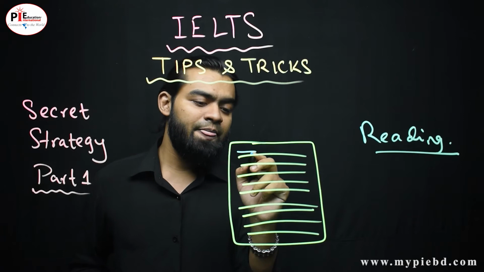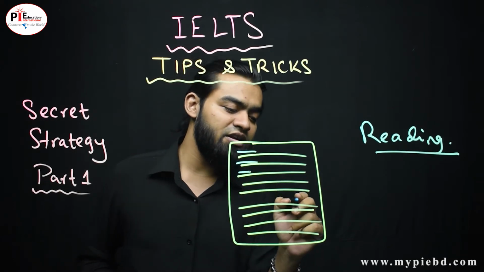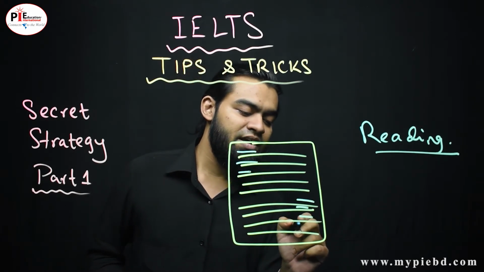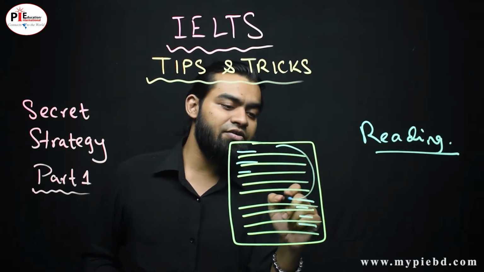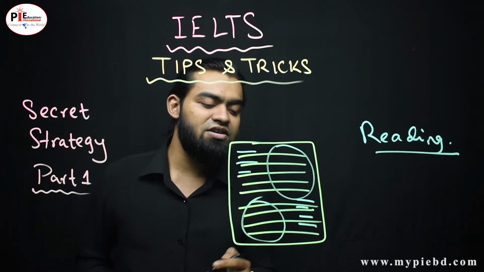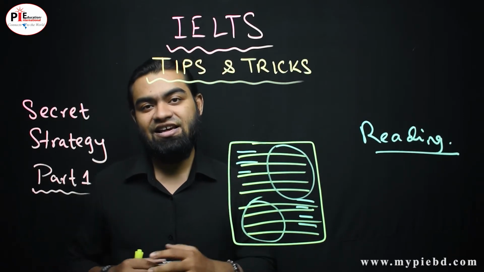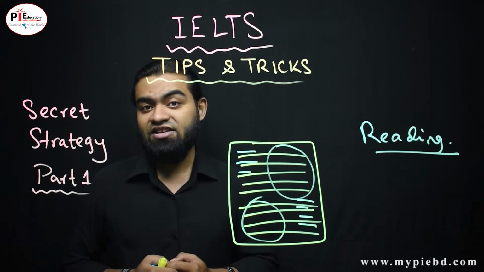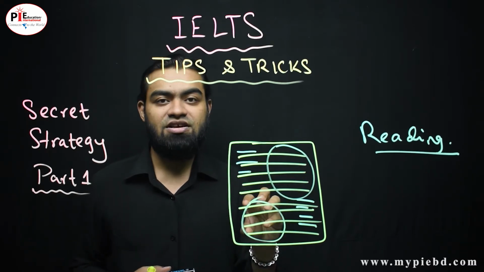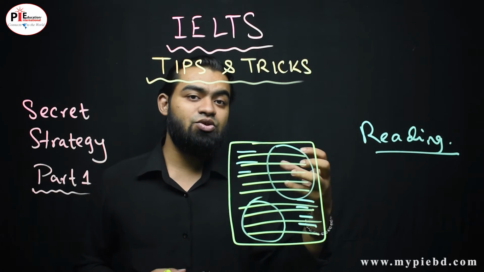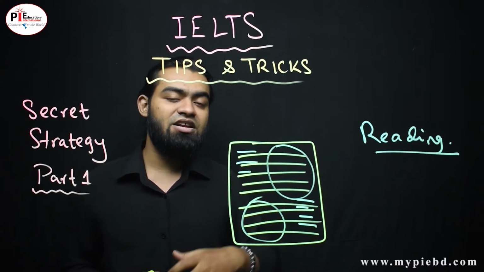So for example, your answers might probably be in these areas. And then all of these areas do not even contain any answers. So if you are wasting your time reading these portions, then that time is going to be taken away from your time management plan.